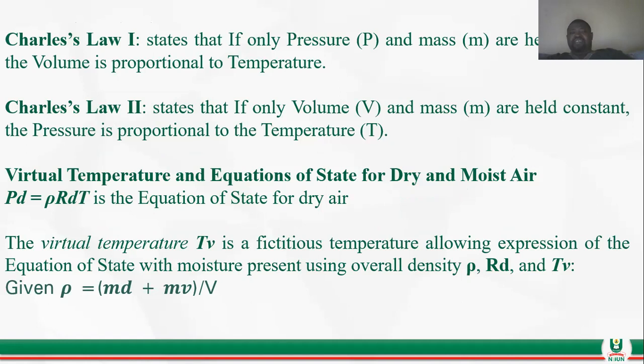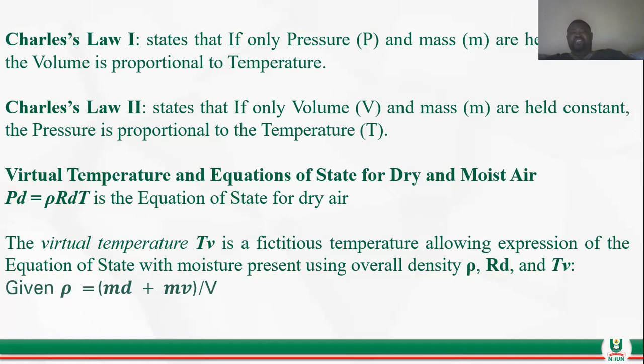Charles' law 1 states that at constant pressure and mass, volume is proportional to temperature. Then Charles' law 2 states that at constant volume and mass, pressure is proportional to temperature.